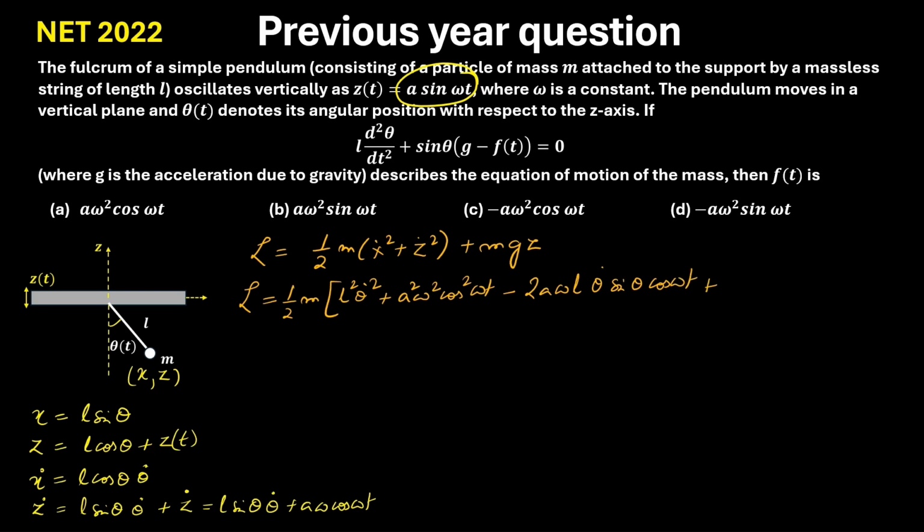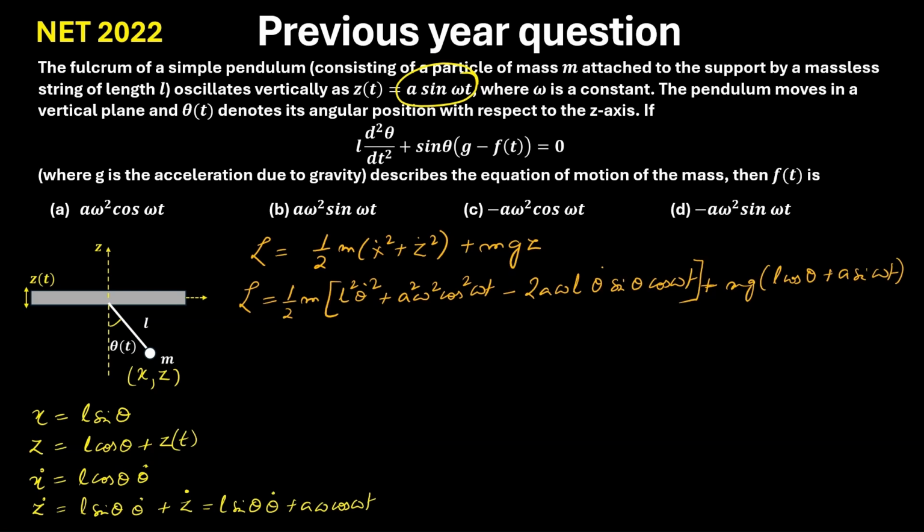It's a very lengthy expression, but it's an easy one. Plus mg, L cos theta plus A sine omega t. So this is your Lagrangian. The square bracket should be here. Fine, so this is the Lagrangian.